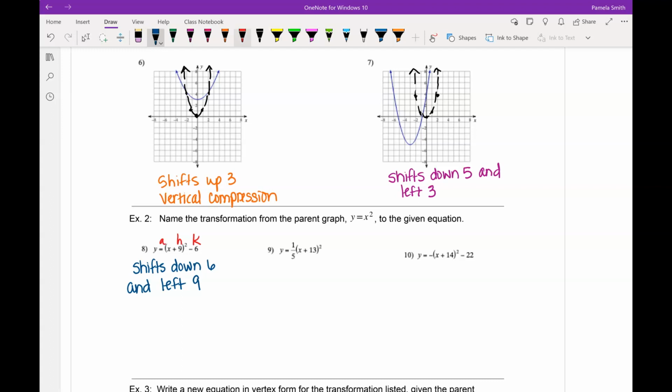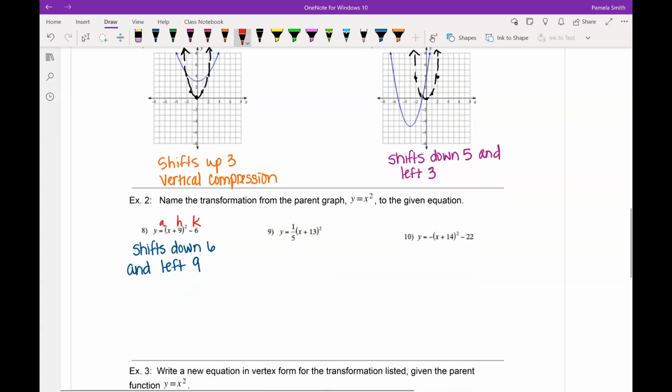All right, number 9, y equals 1/5 times the quantity x plus 13 squared.